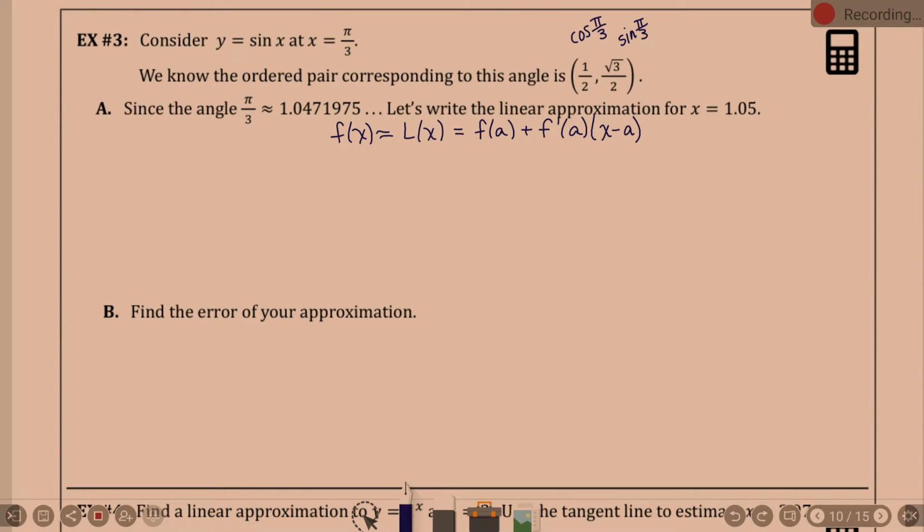Okay? Now, with that in mind, we're going to use 1.05, right?